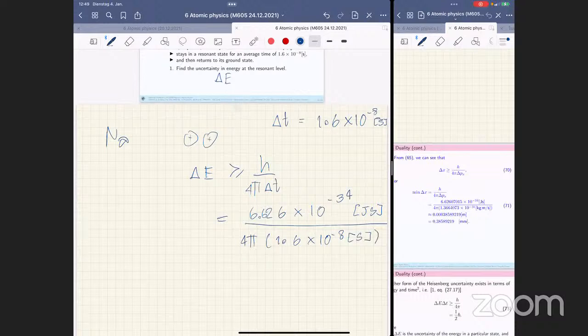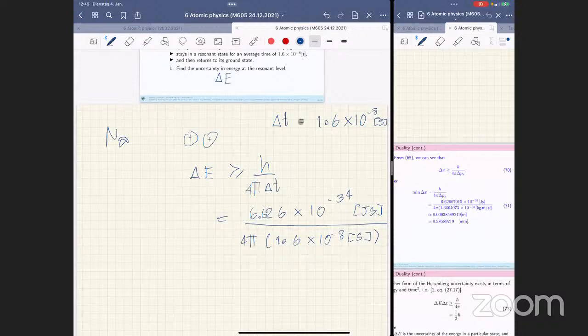At the denominator you have the unit of second, and you have second at the numerator, so both will cancel each other, and you get only the unit of joule. That's the unit for the energy.